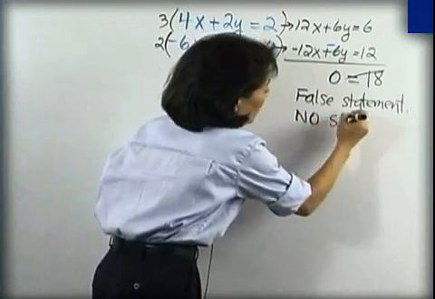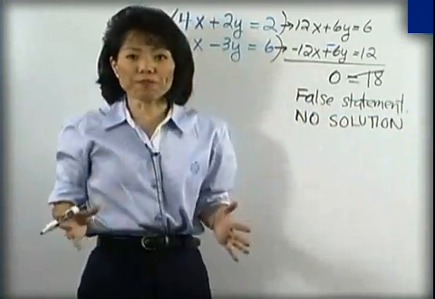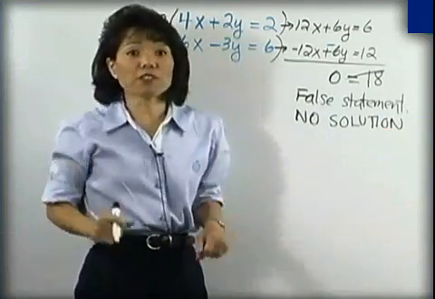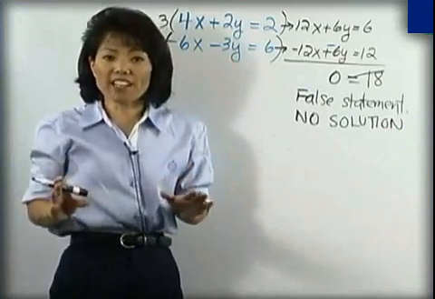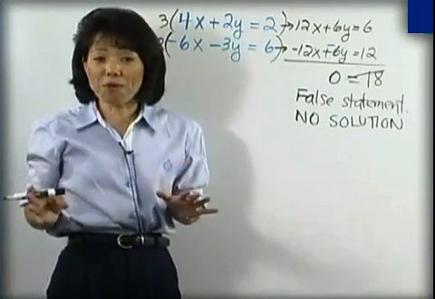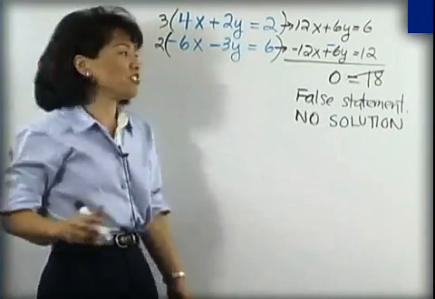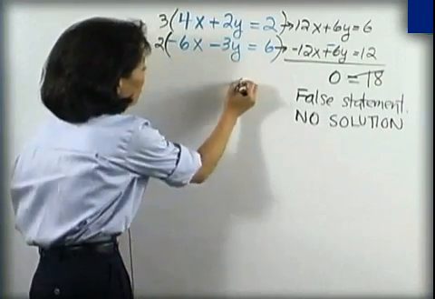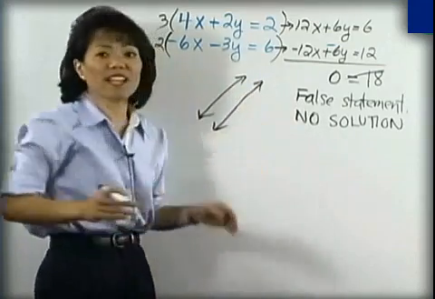Now you might be asking yourself, what does it mean to be no solution? Let's think about this geometrically. If there is no solution, that means that our two lines, when they're graphed, have no points in common. So in other words, our lines are parallel to each other. If I were to draw the graph of both of those lines, it would look something like this.